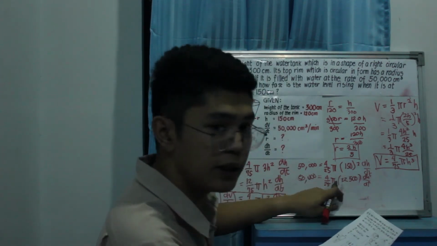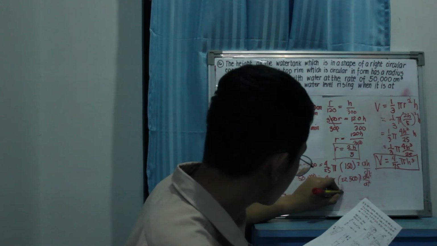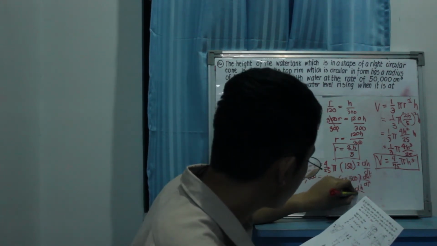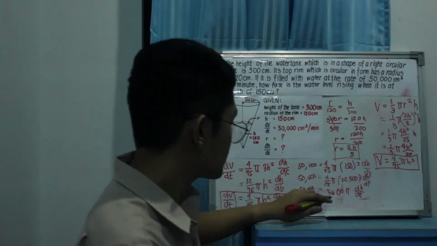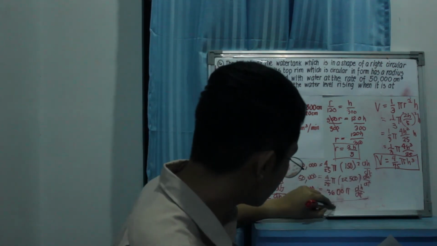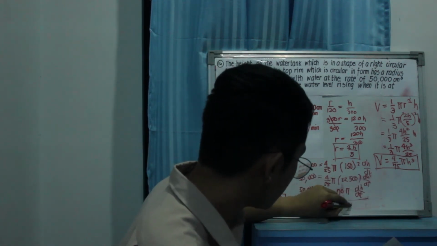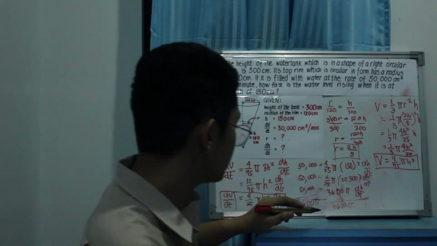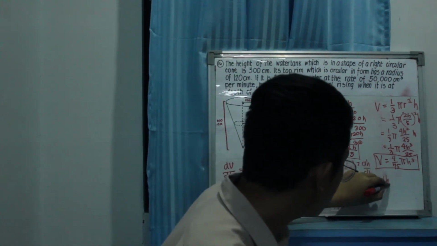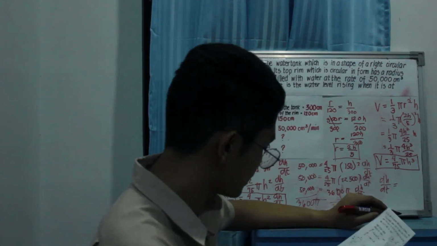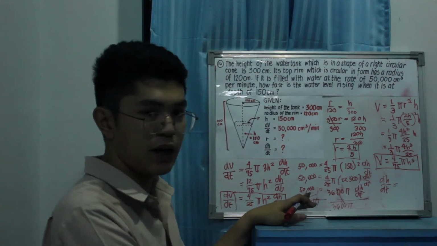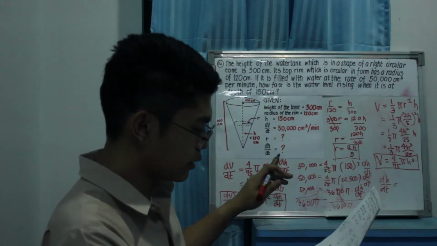If you multiply the coefficients, it will become 3,600 pi times dh over dt. The next thing we need to do is to divide both sides by 3,600 pi, so it will be cancelled. So our derivative of h in terms of t is 50,000 over 3,600 pi, and we can still simplify it.